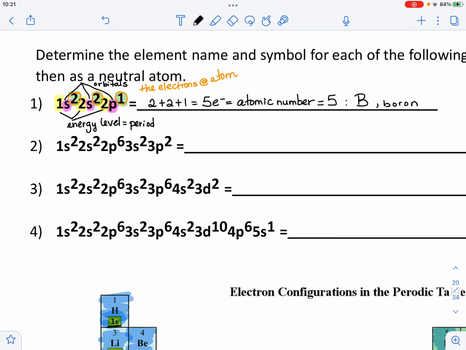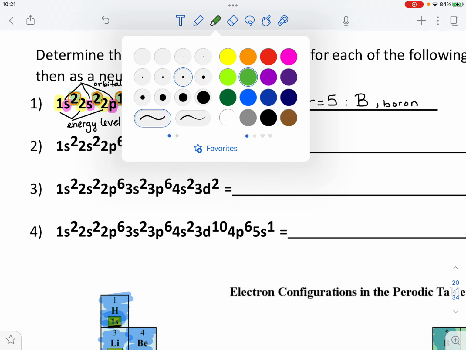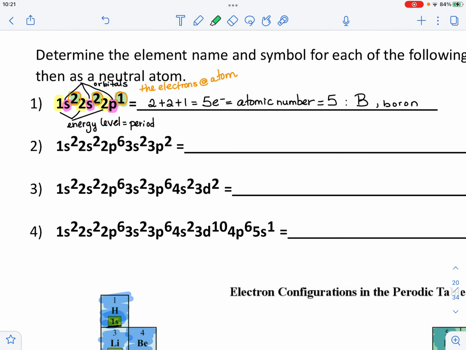Let's do also example 2 so we can follow the information. So if I'm given an electron configuration, what I'm going to focus on is these digits, the superscripts. And I'm going to say 2 plus 2 plus 6 plus 2 plus 2. When I add all these numbers, this is 14 electrons in this electron configuration.